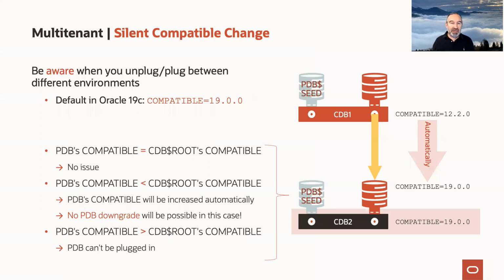Another thing to be really aware of is the silent compatible change. As soon as you work with a bigger environment and you unplug and plug, make it a rule that your compatible parameter has 3 digits: 19.0.0, never 19.1.0 and never 19.8.0 because you applied 19.8 right now.